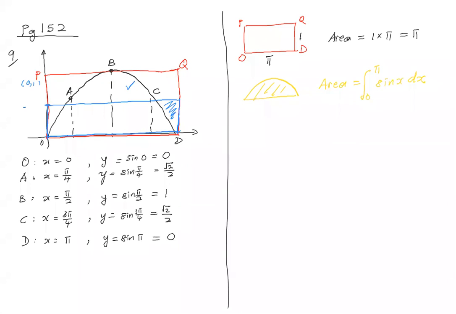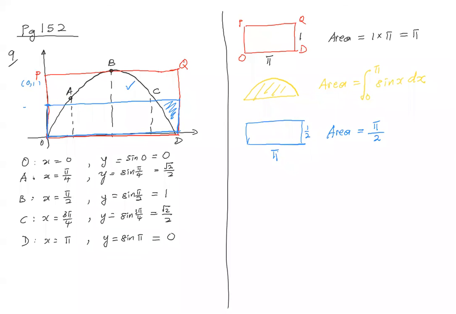Am I right? So the area of the blue rectangle, the width is pi, the height is half. So the area of this is pi over 2. So in this way, I've explained part A. So you draw on the diagram and you explain. Can or not?